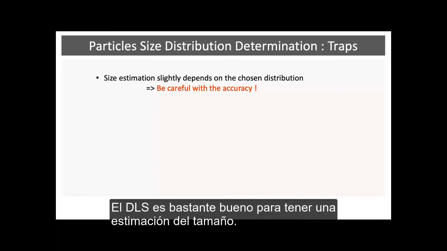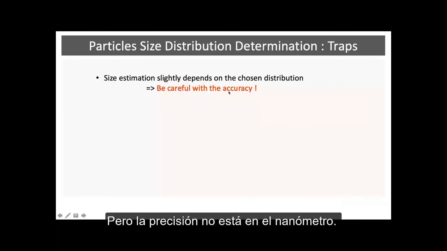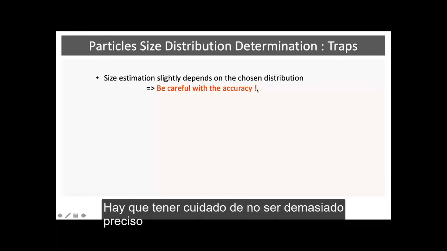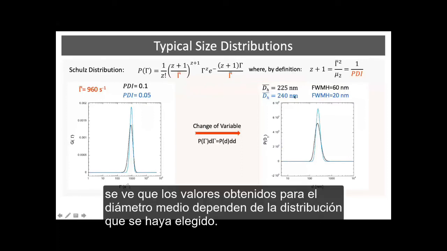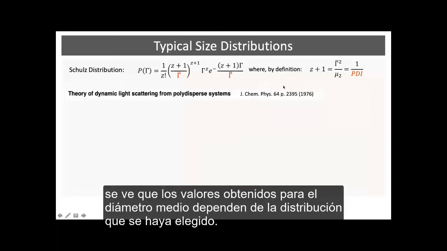And so DLS is quite good for having an estimation of the size, but the accuracy is not at the nanometer. You have to be careful not to be too precise on what you obtain, because as I showed before, you see that the values obtained for the mean size of the diameter quite depend on the distribution you have been choosing.